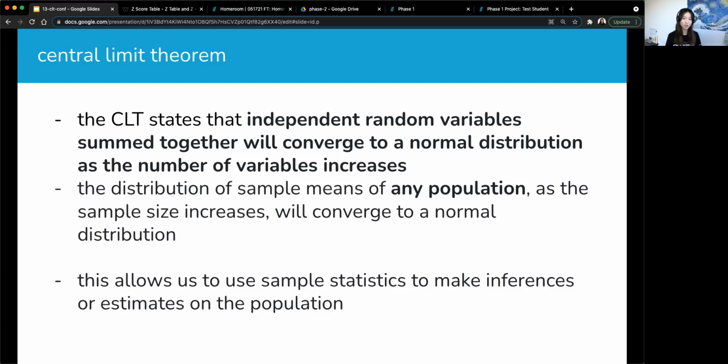Another way of interpreting the central limit theorem is that the distribution of sample means of any population, as the sample size increases, will converge to a normal distribution. One of your labs on central limit theorem does a really good demonstration of this. Let's say you have some population of heights of human beings.